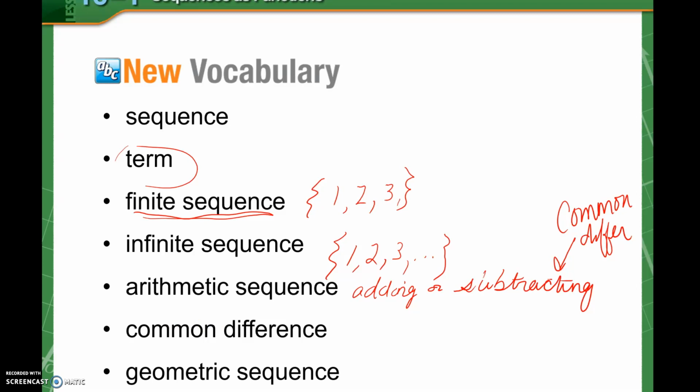And then we'll talk about geometric sequences, that is multiplying or dividing. So you have a common ratio. We multiply or divide by the same number.